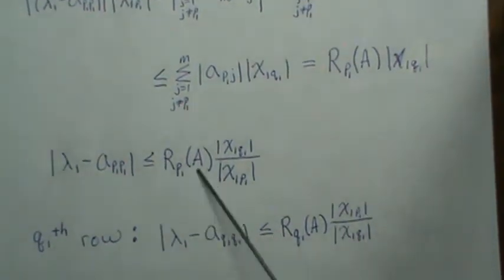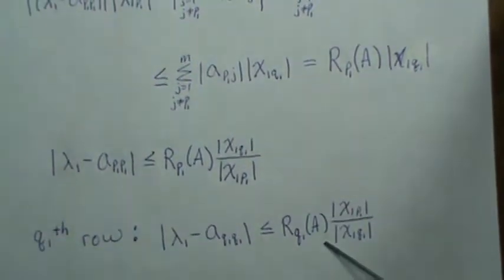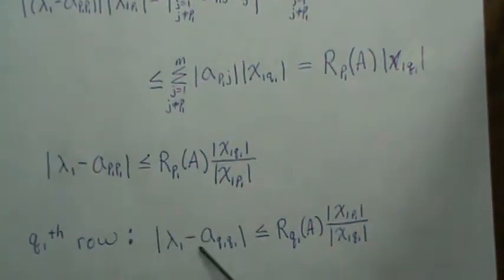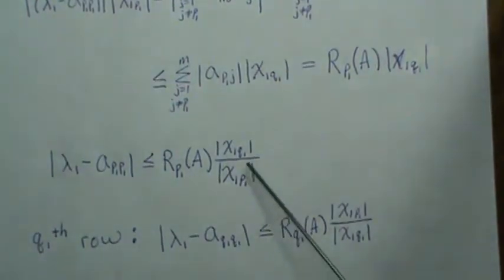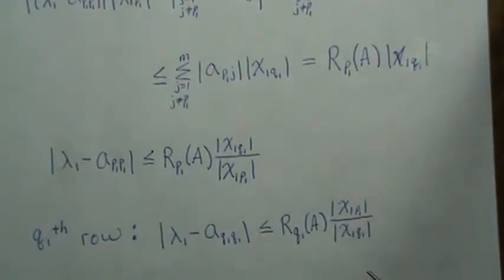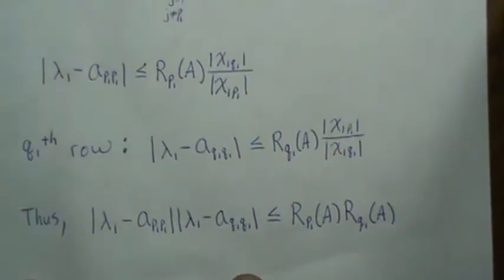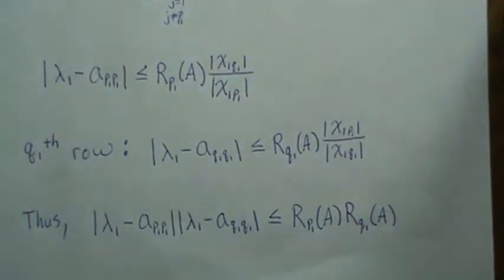If we multiply these two inequalities together, we get this times that is less than or equal to this times that. But this cancels with this, and we're left with this. So this is true. The first eigenvalue is in this first oval of Cassini.